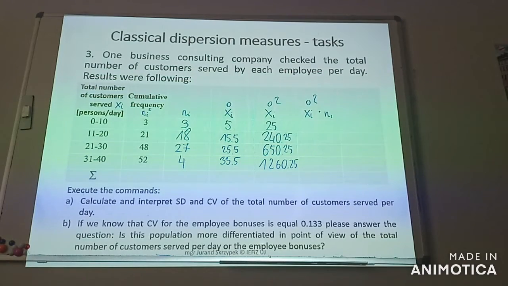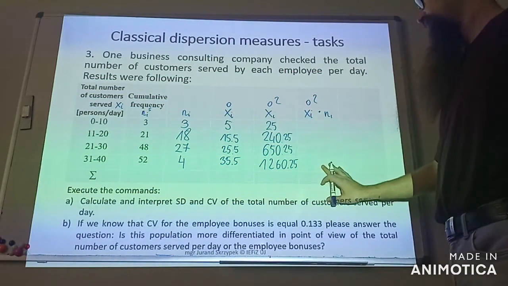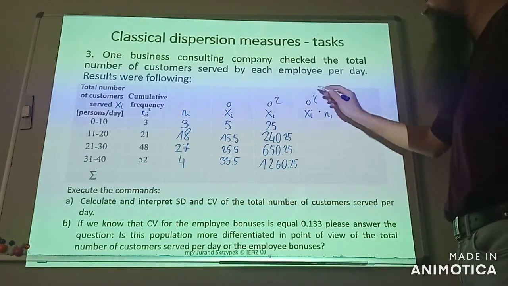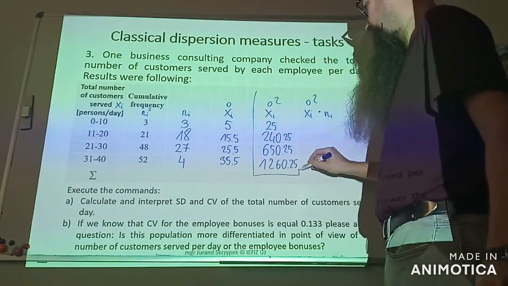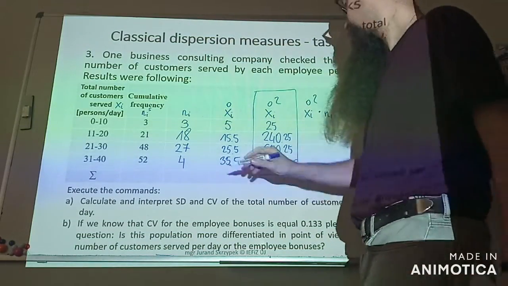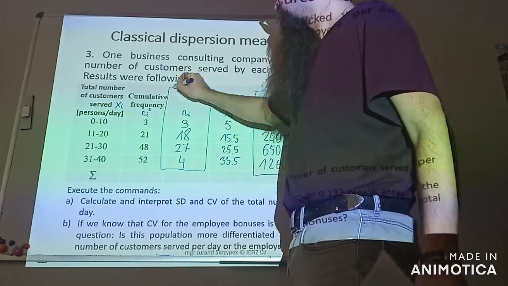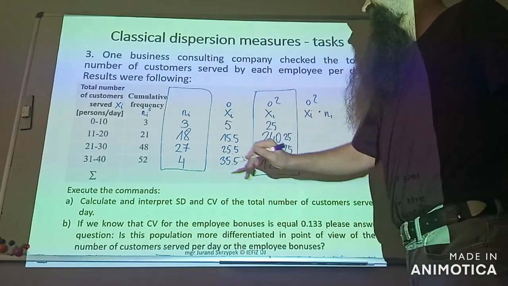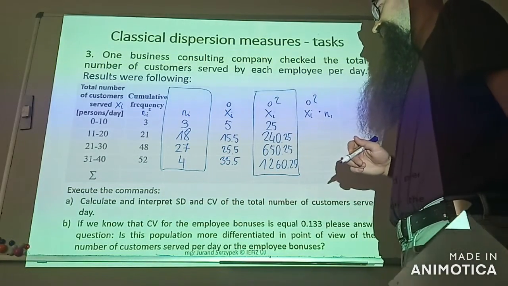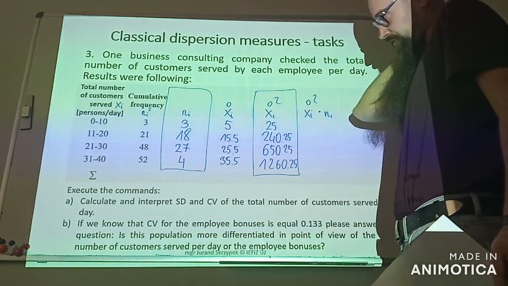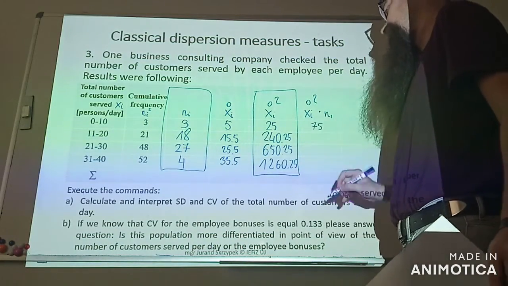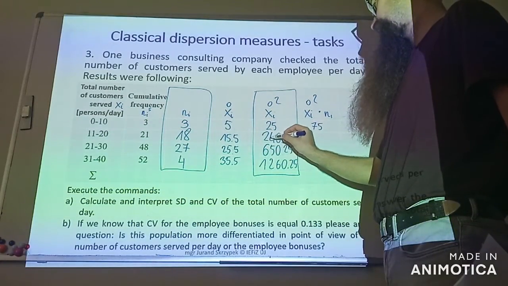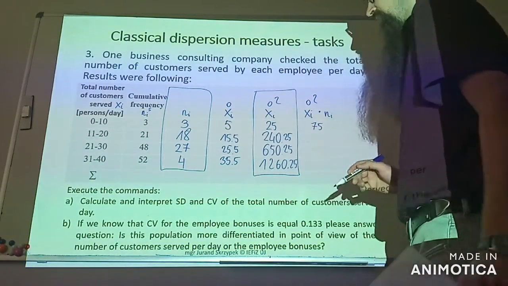Alright, and in the last step I'm going to compute the products between the square of the middle of the classes and the frequencies. So 25 multiplied by 3 gives us 75. After that we have the product of 240.25 and 18.